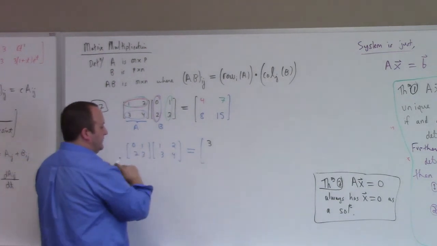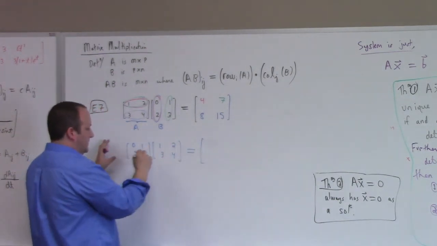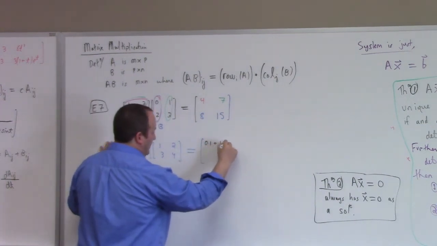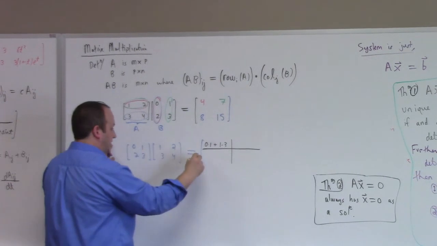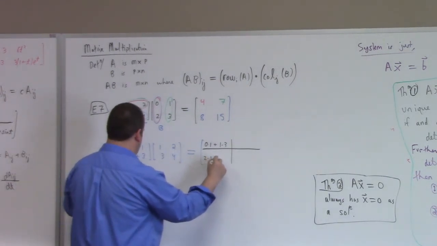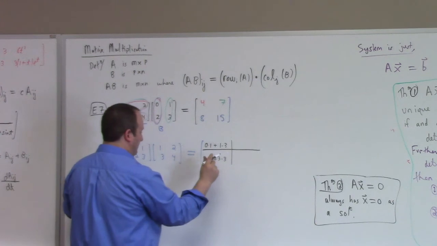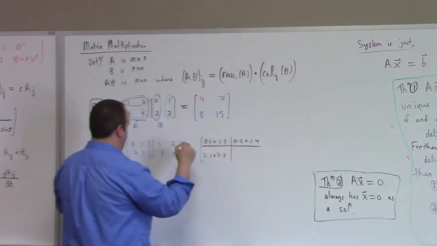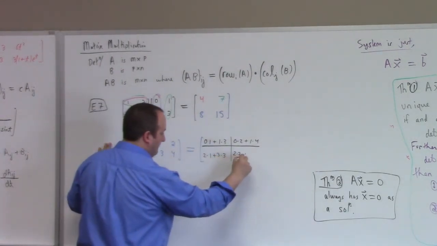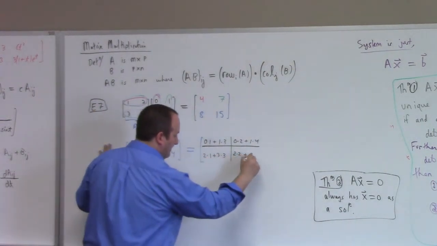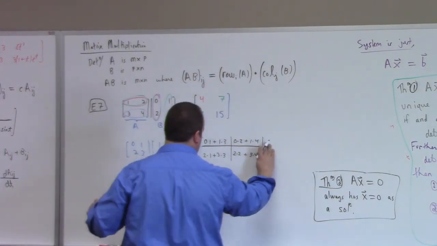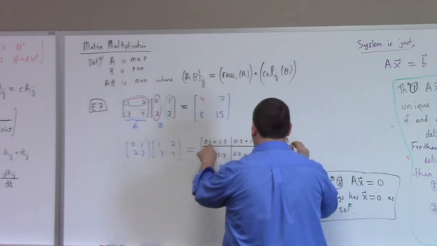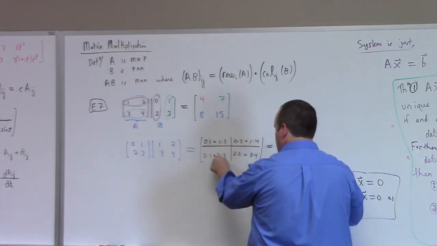Next I get, tell you what, let me write down the one step, and then I'll write down one step here. It's not too much for me to write. 1 times 3. Let's see here, I got 2 times 1 plus 3 times 3. I've got 0 times 2 plus 1 times 4. 2 times 2 plus 3 times 4. I don't typically write down that step. I usually just do it in my head, but since we're starting here, 3, 2 plus 9 is 11.